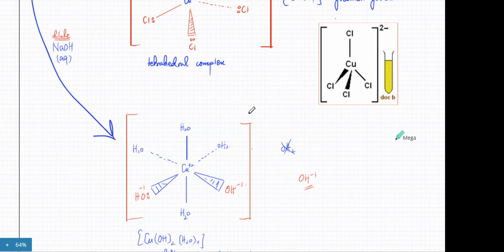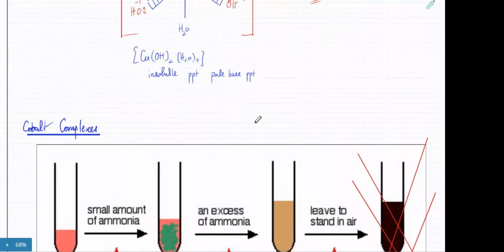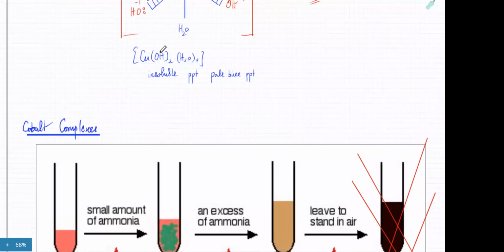In this case, I told you that usually it's just 2 OH ligands that replace the water molecules, and it's an insoluble precipitate, a pale blue precipitate. Copper hydroxide is insoluble. It doesn't dissolve.